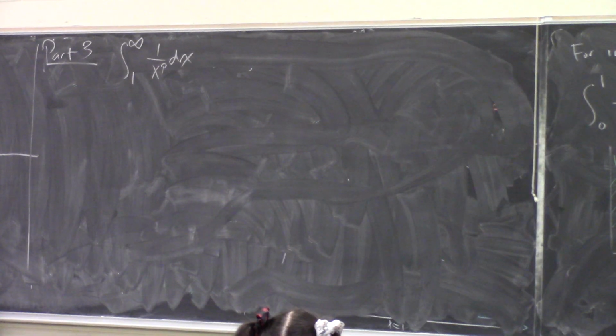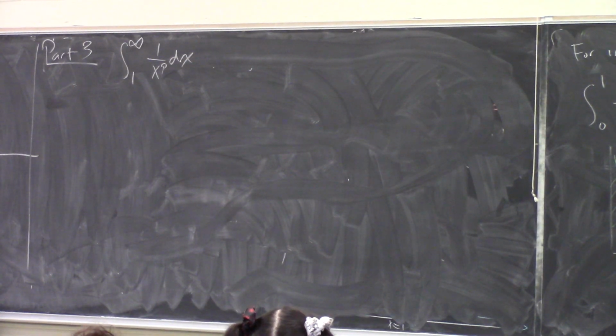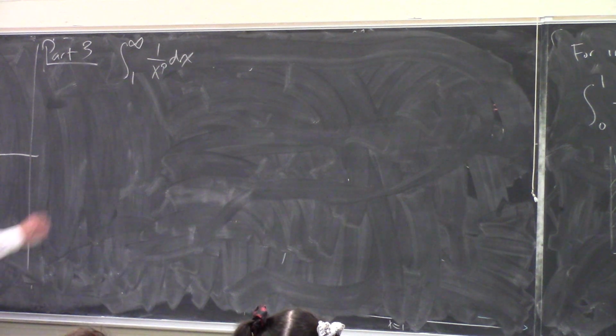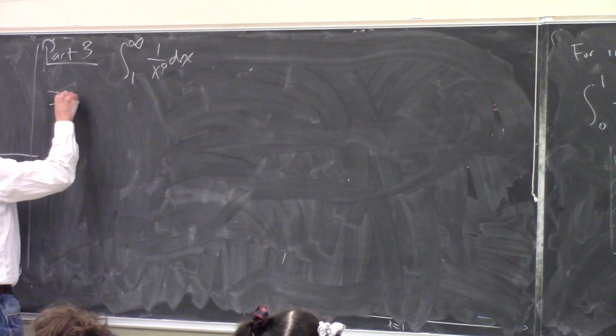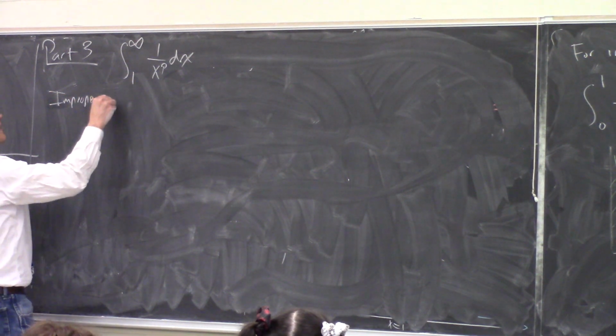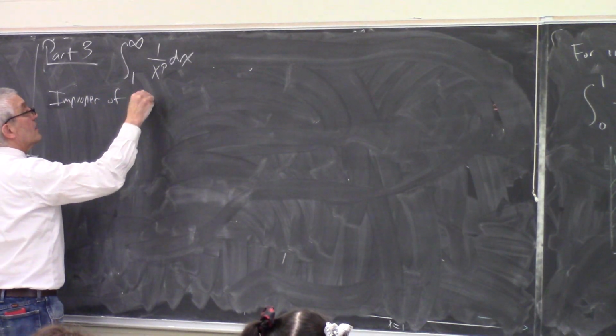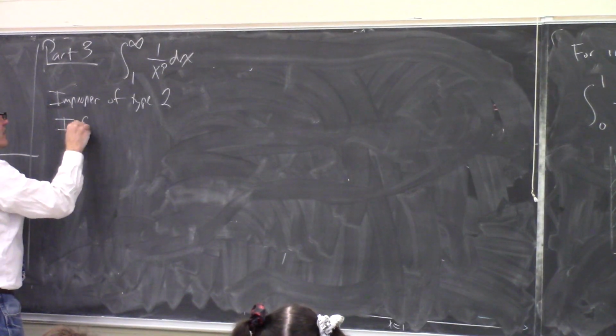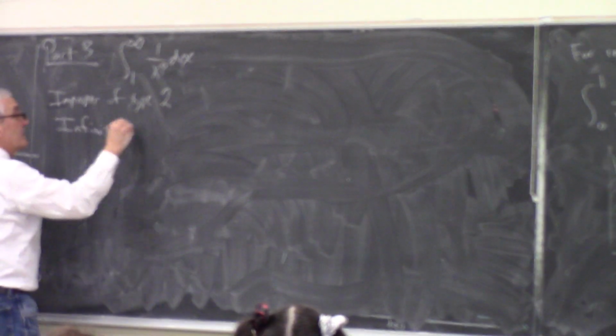There's nothing wrong with the y values. But what's improper about this integral is that the interval itself is an infinite interval. So this is improper of type 2, which is an infinite interval.